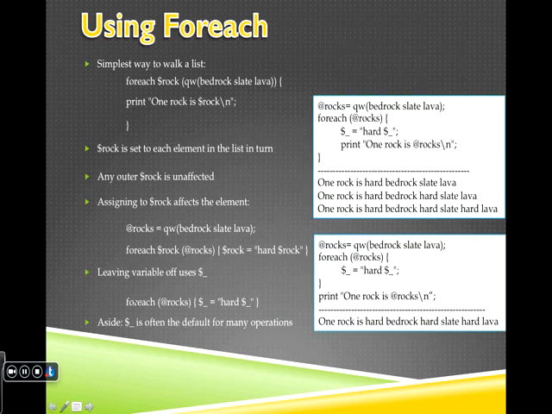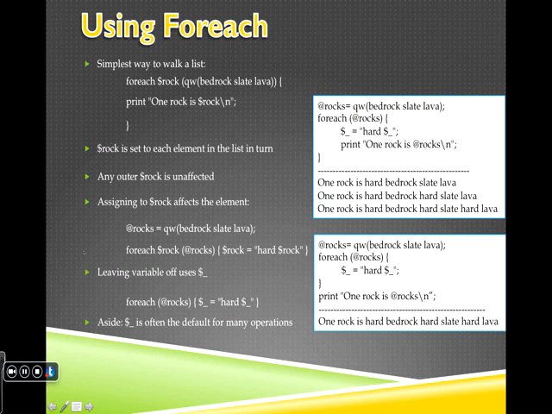A quick example of how we can manipulate the list is by using foreach. Of course you can use while, but you will need to use either the end of the file or the indices. Foreach is an easier way to deal with it. For example here, in foreach I am assigning to the scalar rock the following list, which is the keywords bedrock, slate and lava.